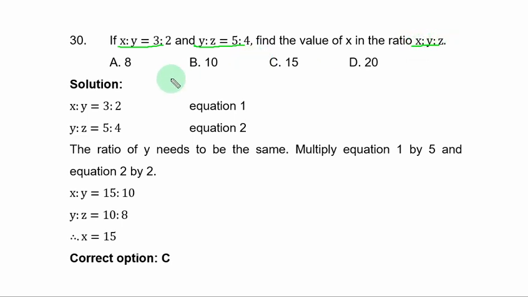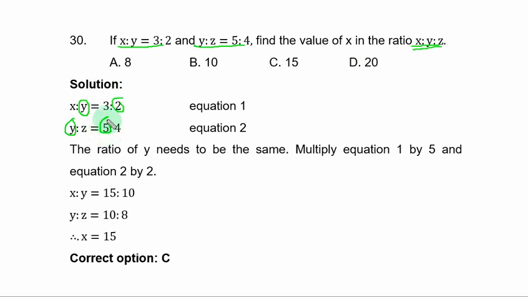We have two equations in ratio form. If you look at the two equations, y is the link between the two equations. So for us to get this, we must ensure that y has the same value in both equations. So we are looking at 2 and 5.